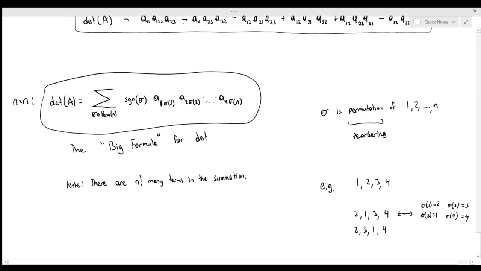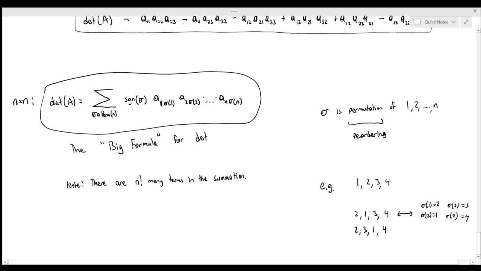For this one, we would have sigma of 1 equals 2, sigma of 2 equals 3, sigma of 3 equals 1, and sigma of 4 equals 4, okay? So that's what the sigma notation is over here in the subscripts. But you can just think of it as some reordering of the numbers 1 through n.